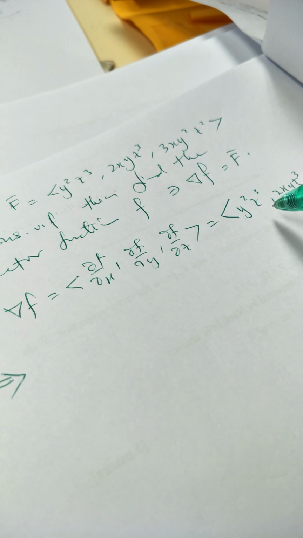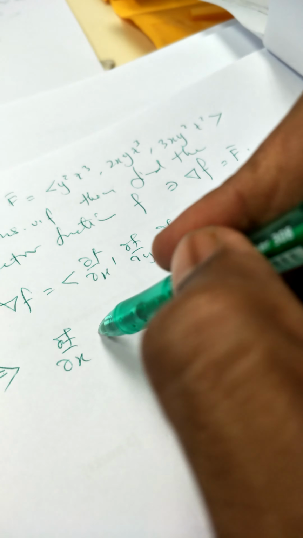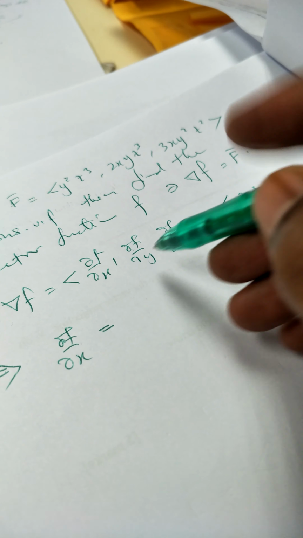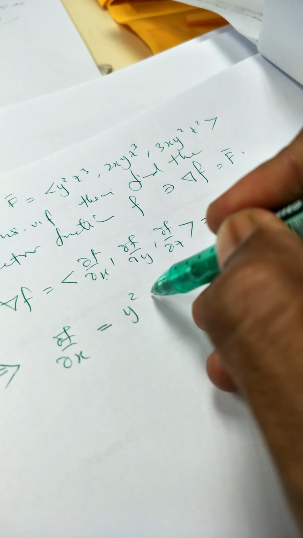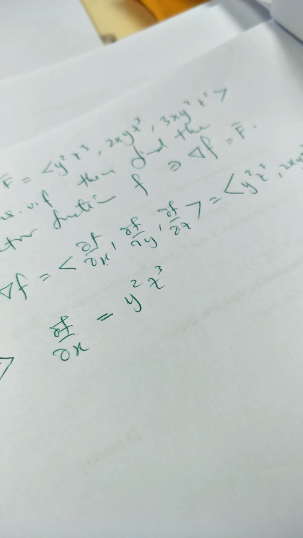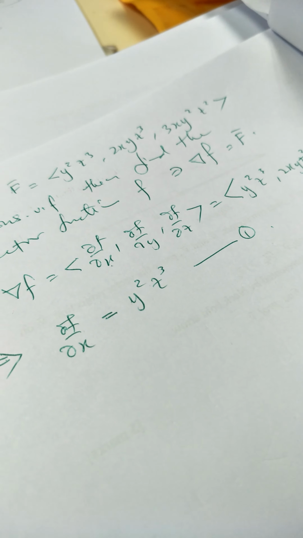What we have: del f del x is equal to y squared z cubed; let's call this the first equation.